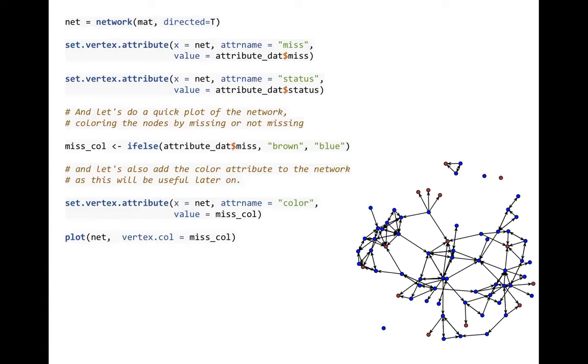Okay, so in this slide, I'm just going through the data network construction, and I'm plotting it, coloring the nodes by whether or not they were missing or they were non-respondents. The important part of the picture is that I've colored the non-respondents, the missing folks, brown.